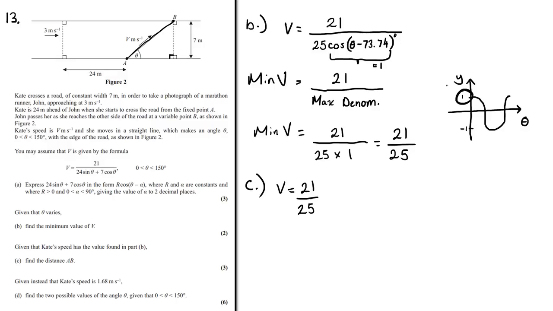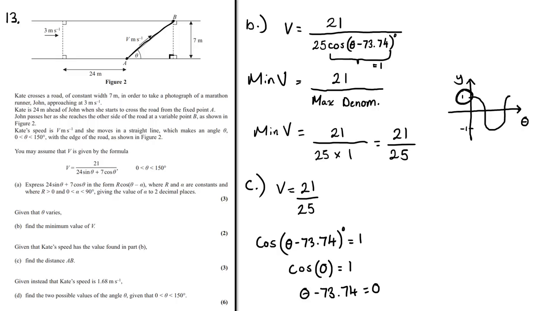So in that case, what I've got here then is cosine of theta minus 73.74 degrees is equal to 1. But remember, for this to be equal to 1, this must be cosine of 0. So this is cosine of 0, that's equal to 1. So therefore, what I've got here then is theta minus 73.74 is equal to 0.